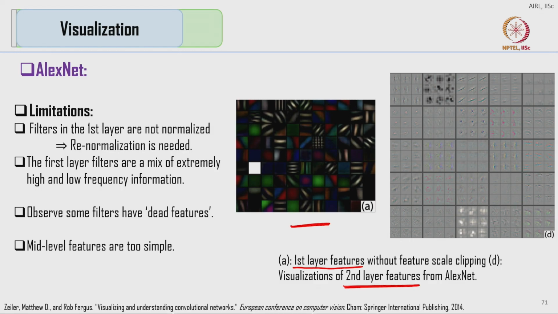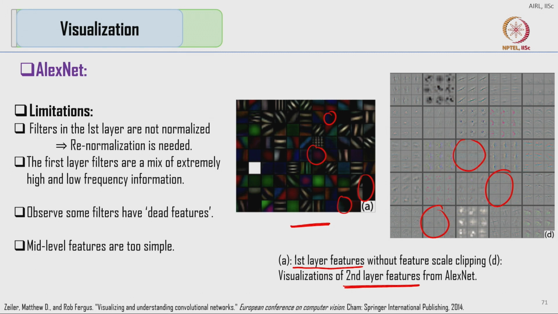We can see that a lot of filters here are actually dead, in the sense that they do not contribute to any meaningful features. Secondly, the mid level features are too simple, as compared to other Grad-CAMs that you would observe.